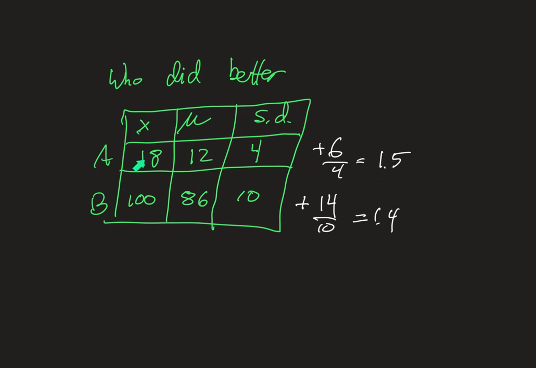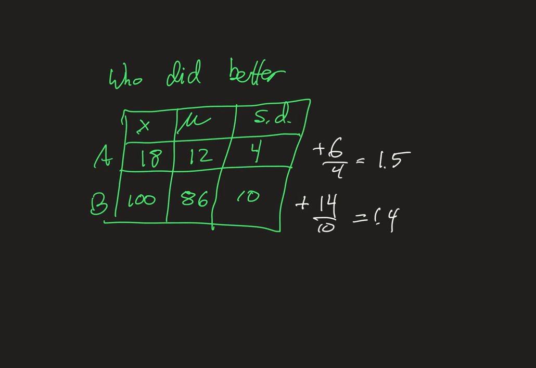So while this obviously is a much smaller number than this one, relative to the averages and the standard deviation of whatever class or program is happening here, this score relative to the rest of the class is more standard deviations above the mean than this one is for this particular class, which means person A did better. So person A did better because they were more standard deviations above the mean.